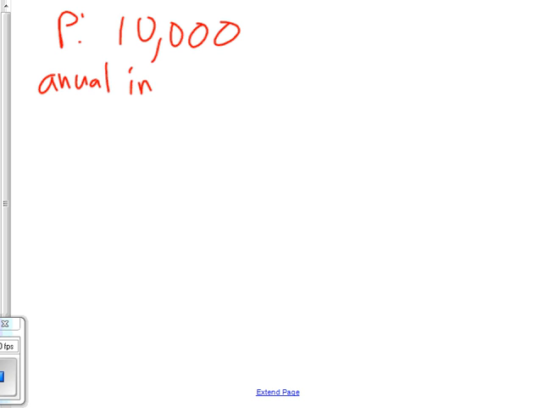So we're going to say that the principal loan in this one, we're going to make it $10,000. So our first principal loan is going to be $10,000, and they're giving us an annual interest rate of, let's actually not do 7.9 because we just did that. So let's say that they give it to us at 5.9%.